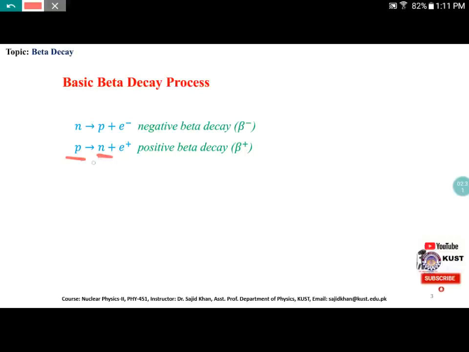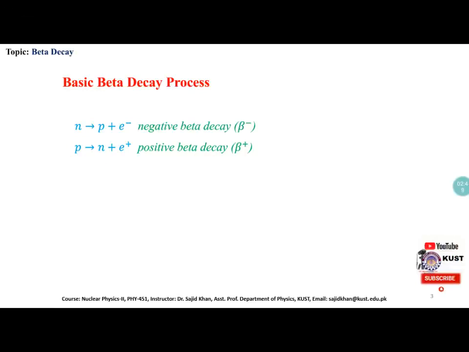This actually happens due to the conversion of energy into mass. Some of the decay energy is converted into mass, and due to that mass it enables the proton's conversion into a neutron.